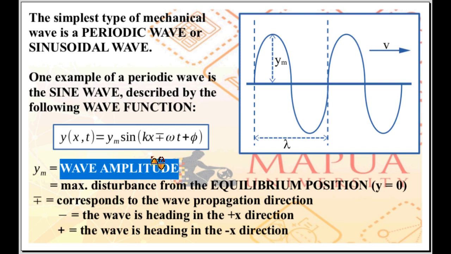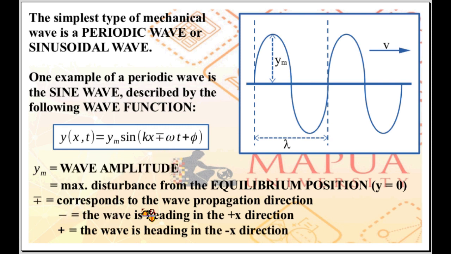And the minus/plus corresponds to the wave propagation direction. If our wave is moving along the x-axis, as shown in the figure, there are two possible directions that the wave can go. The wave may be moving towards the positive x direction, or the wave may be moving towards the negative x direction.